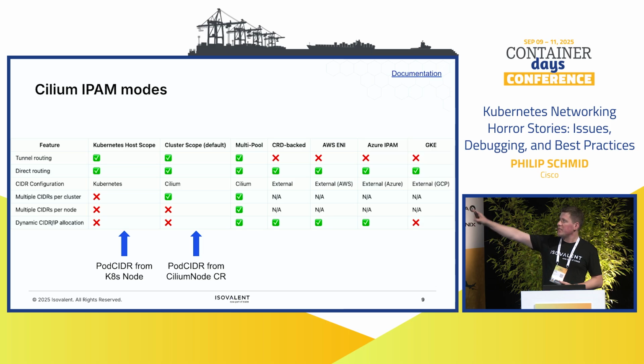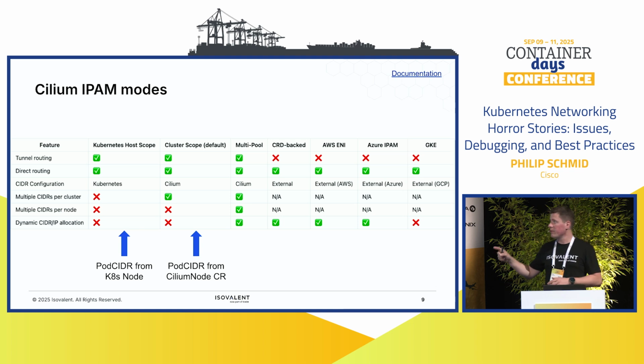Now, what we've just seen are essentially those first two IPAM modes that Cilium offers. And as you can also see on the right-hand side of this table, Cilium offers way more IPAM modes, but the other ones are most often cloud-specific because they are intended to be used with a direct cloud integration.